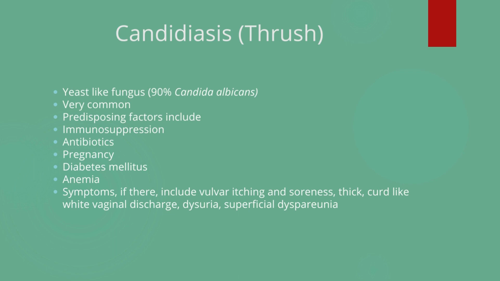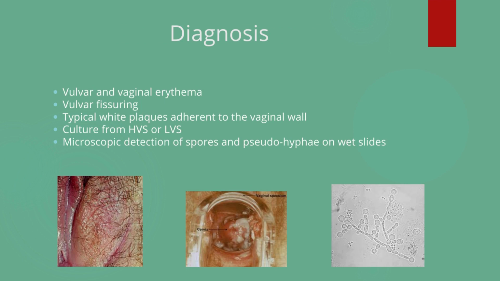Pregnancy, as you know, is also an immunosuppressive state, and there's a hormonal imbalance. Aside from that, there's diabetes, which is also a low immune state. Then there's anemia. In the symptoms, there is curd-like white vaginal discharge, usually associated with vulvar itching and soreness. There can also be dysuria and superficial dyspareunia.